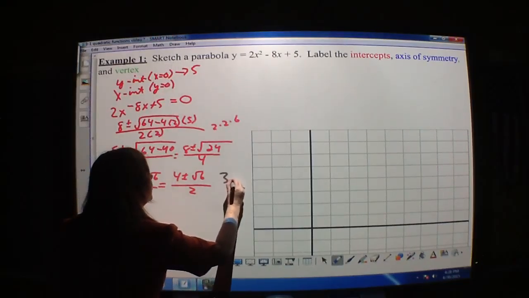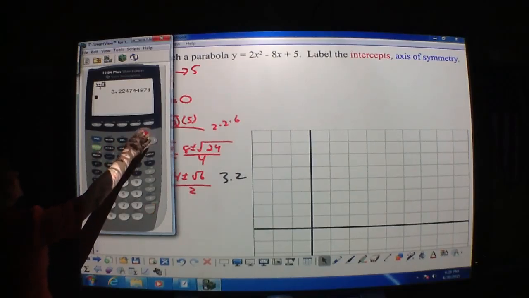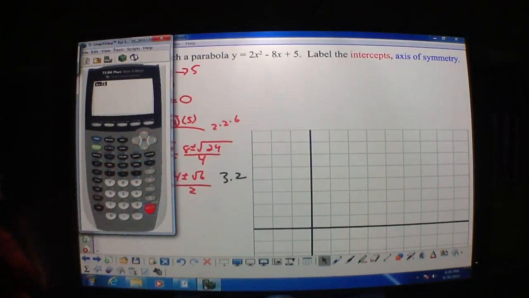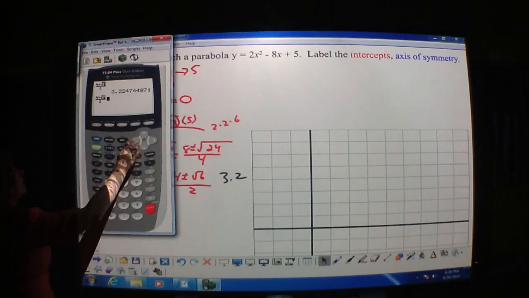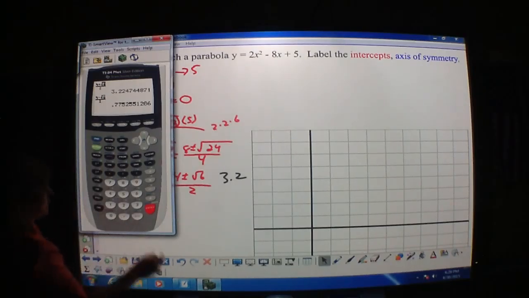And instead of retyping the whole equation, I'll pull the same equation and change that to a minus. And you get about 0.78.